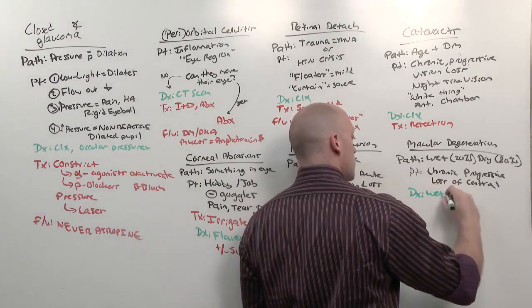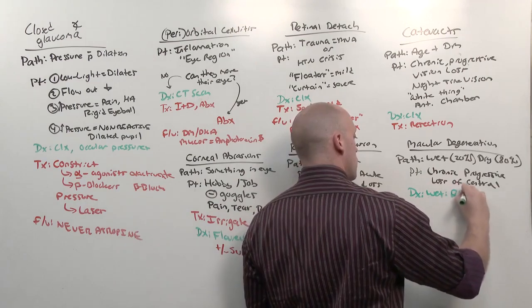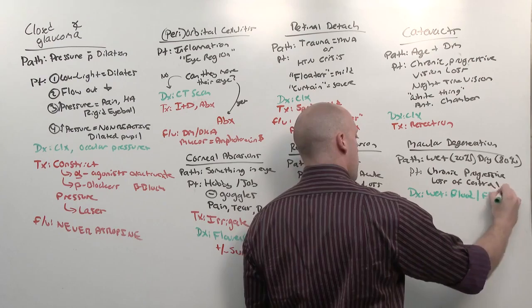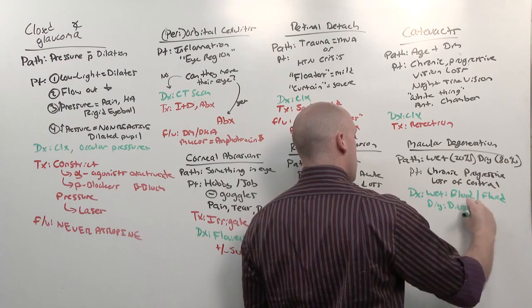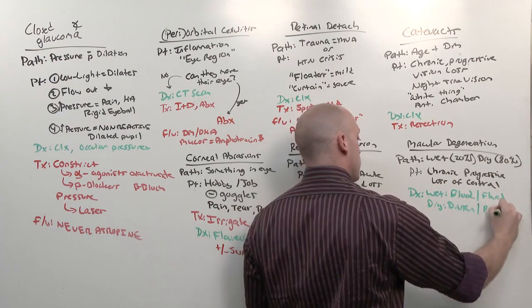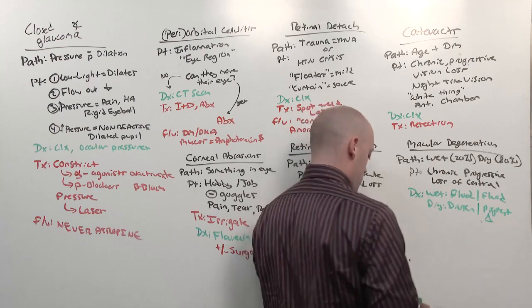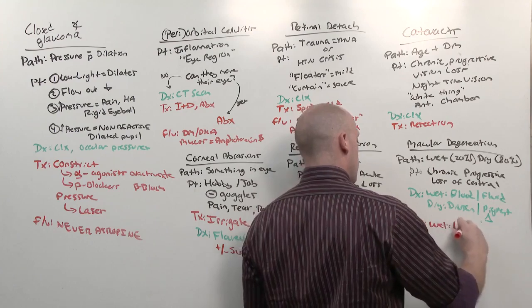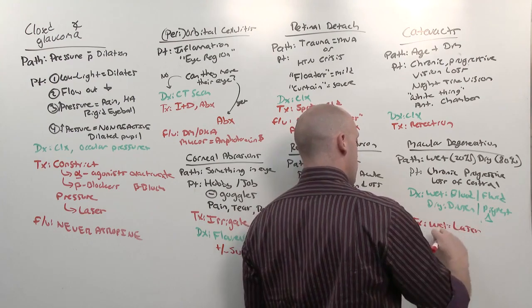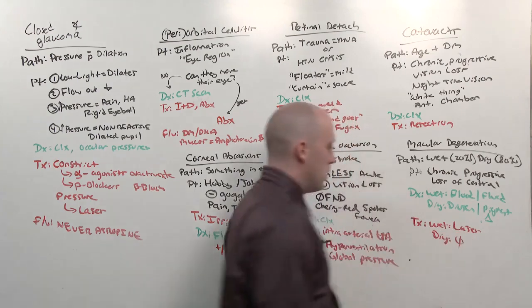In the wet form, you're going to see some hemorrhages or fluid. In the dry form, you're going to see drusen or pigment changes. The treatment for wet is to use a laser. The treatment for dry is nothing.